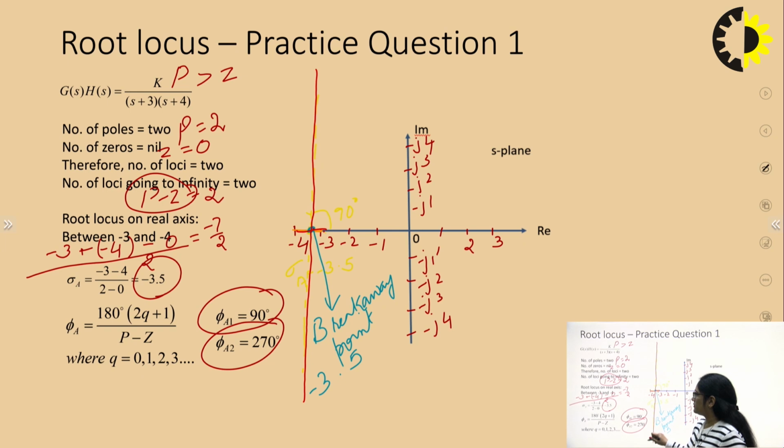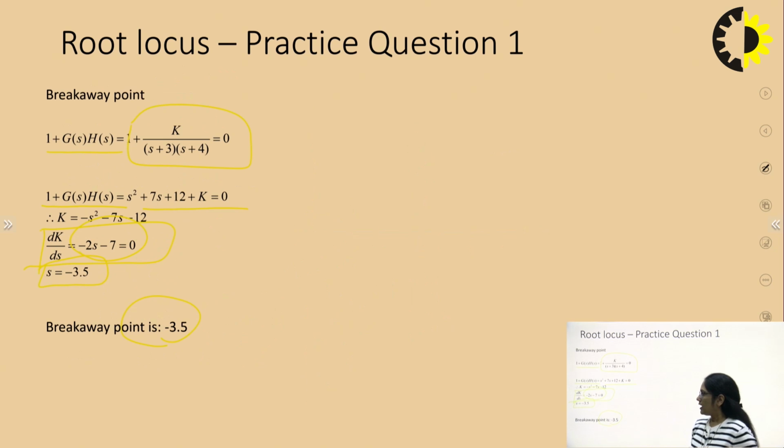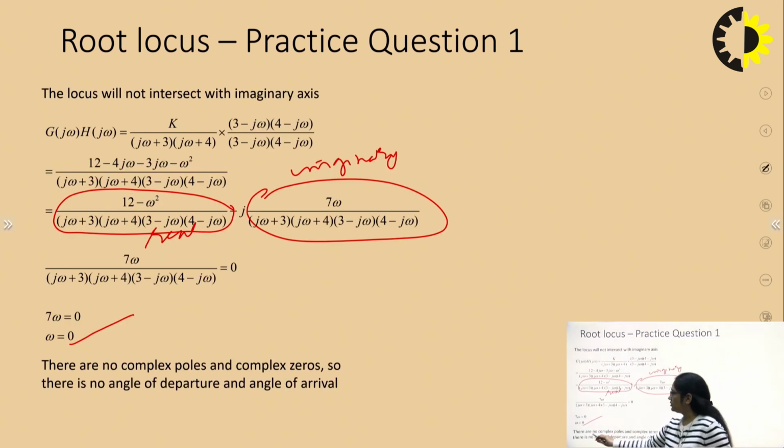Also, one more thing which we need to find when plotting the root locus is the angle of departure and angle of arrival. As mentioned here, there are no complex poles and no complex zeros. Therefore, there is no angle of departure and angle of arrival.